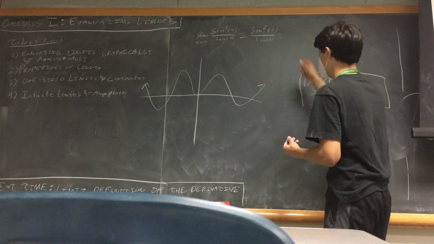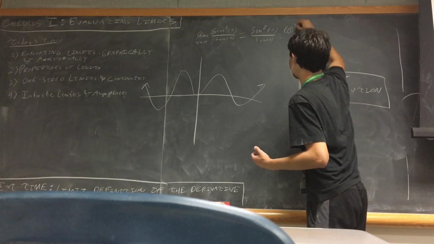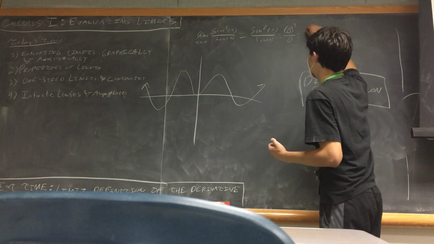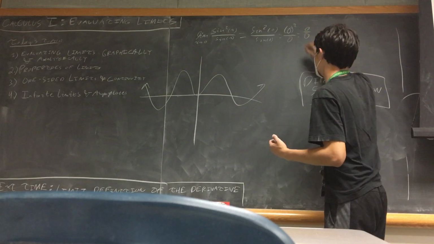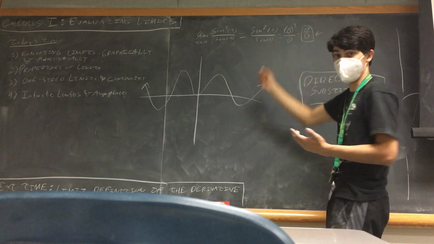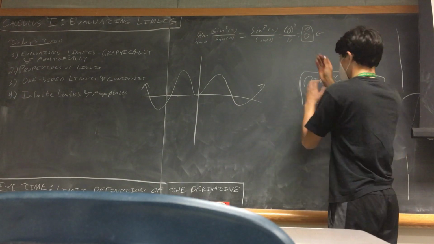The sine of 0 is 0. So we get 0 squared divided by 0, which is 0 over 0. Earlier we said this is undefined when it comes to a graph.